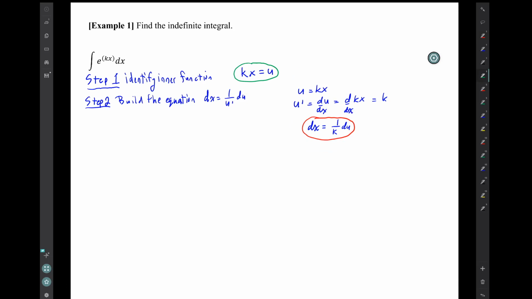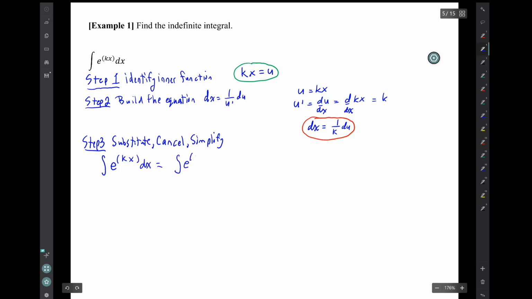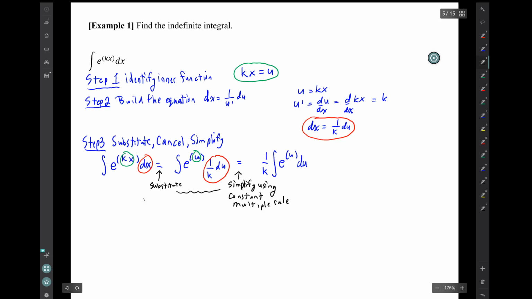Now remember that step 3 was substitute, cancel, simplify. So there's our step 3, substitute, cancel, simplify.